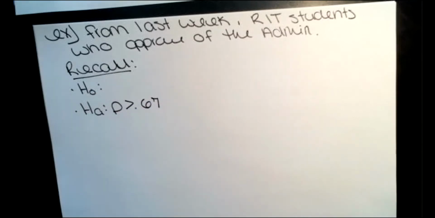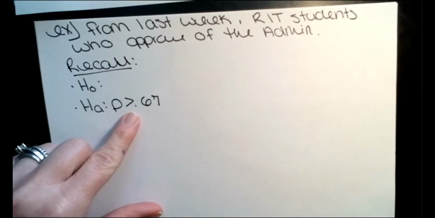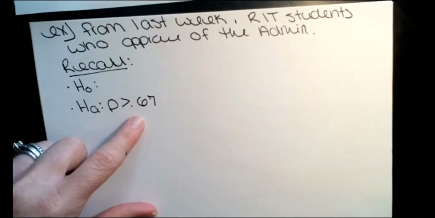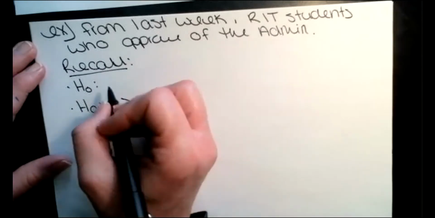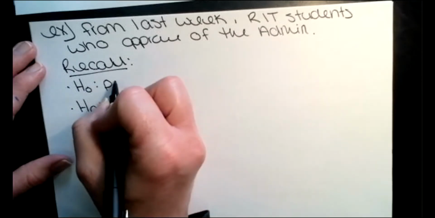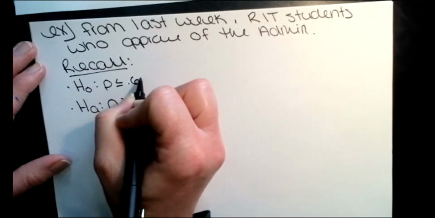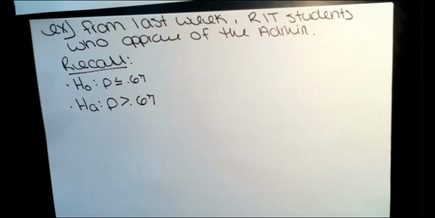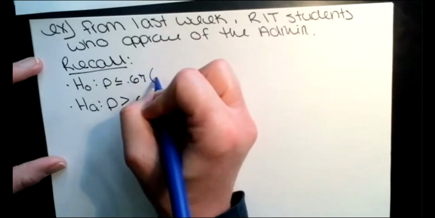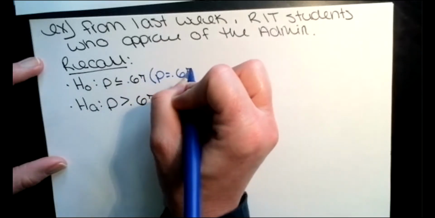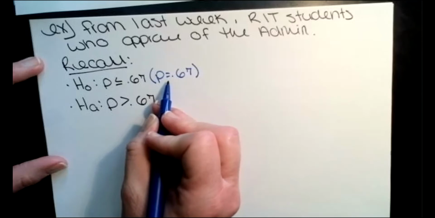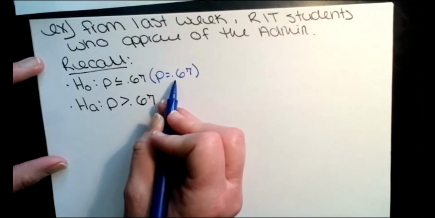So remember that the professor wants to show or prove to the campus community that more than 67% of our students approve of the admin. So that makes my null p is less than or equal to 0.67, or as you know, you can always write this as p is equal to 0.67. This is how you're going to see it in Minitab, and this is how you will see it in your homework, I believe.